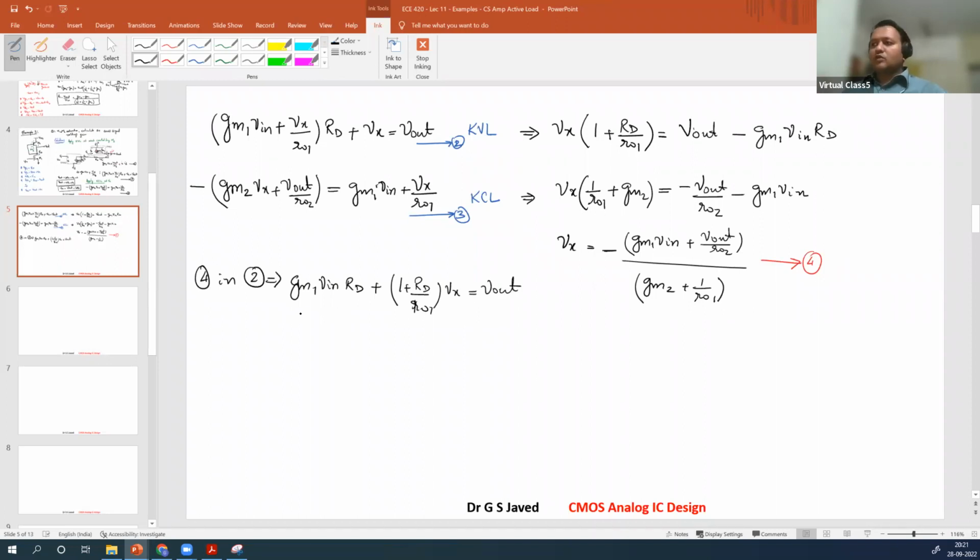Now this, when you substitute here, gm1 Vin RD plus 1 plus RD by RO1 times minus, right? So negative.